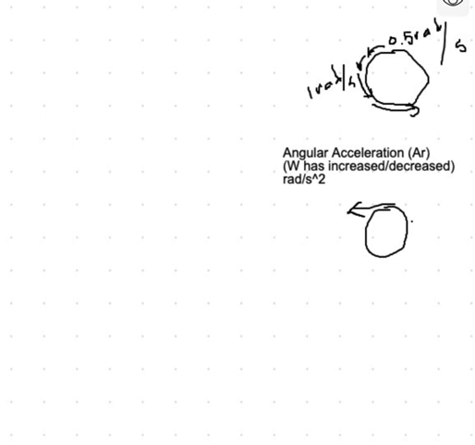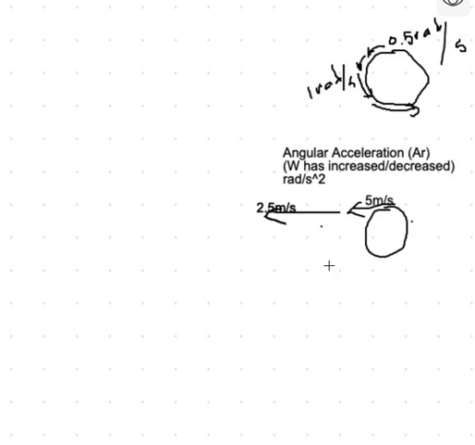Initially, they might be going, let's say, 5 meters per second. But then over time, as they're released, they're probably going to slow down and not be moving as fast. So let's say at the end of this distance, now they're only going 2.5 meters per second.